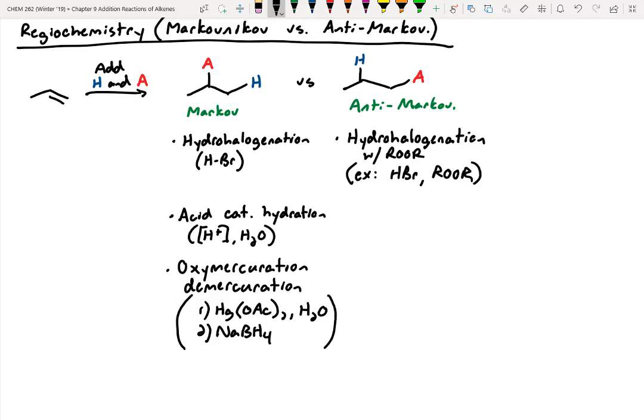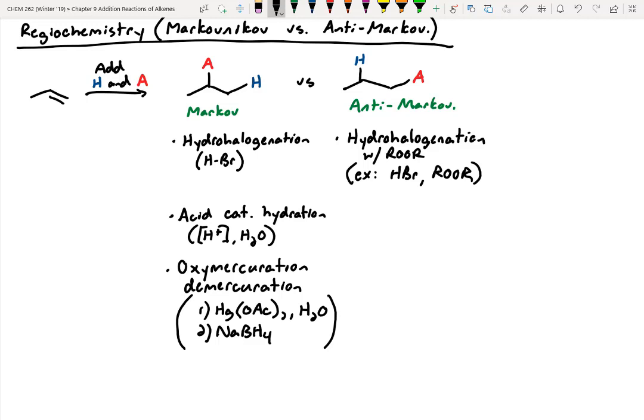So that was a set of reagents that was used. Why would we use oxymercuration? Avoid rearrangement reactions, right? However, acid catalyzed hydration and oxymercuration-demercuration still give you the Markovnikov product over the anti-Markovnikov product.